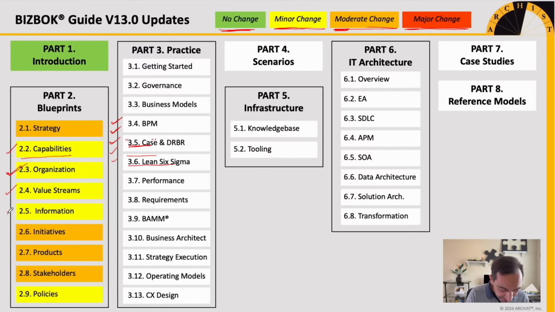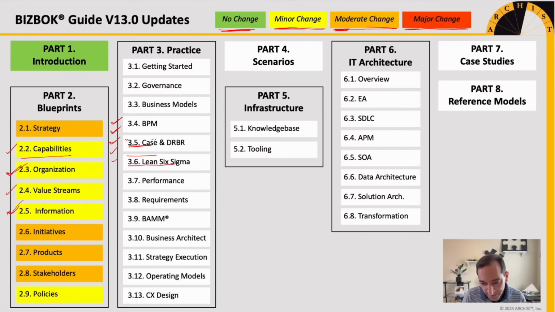And then under the information mapping, we also have a minor change on the relationship mappings for information concepts when we actually map different information concepts to each other. And there has been some minor updates around the guidelines of how we actually identify these relationships among information concepts in our information map.